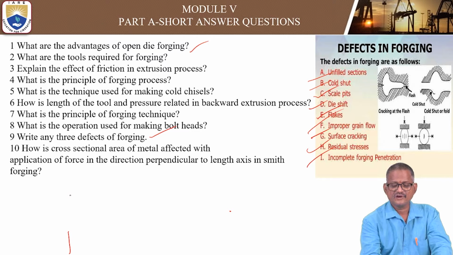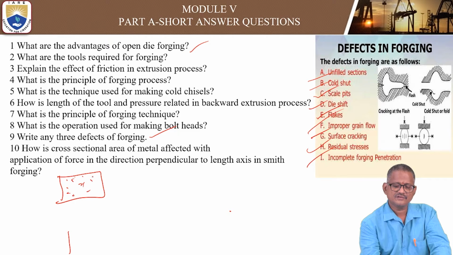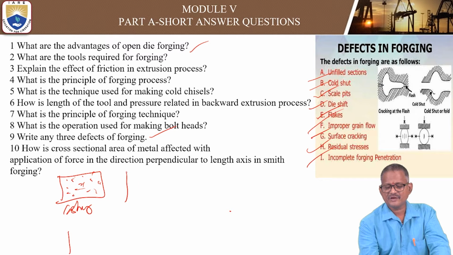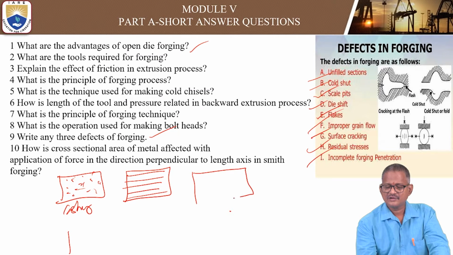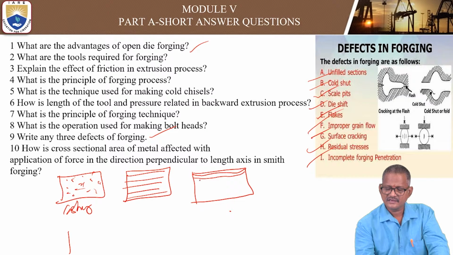Look at the casting process, it is porous in nature. This is for casting, and for the fabrication process it will go like this. Even the corners will follow clearly in all directions.